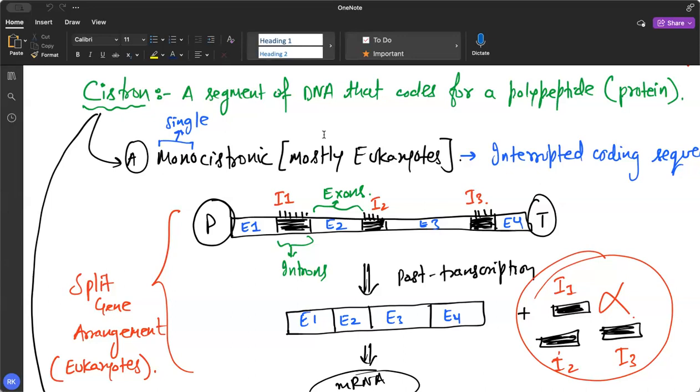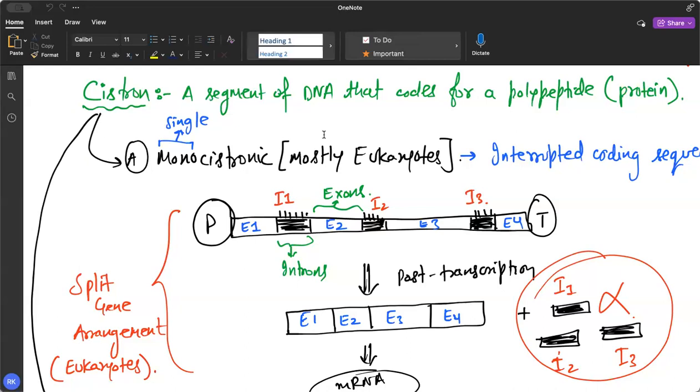So the field needed more clarity on this. So a new term was invented called cistron. Now, if you call a segment of DNA a cistron, then you can be sure that this segment of DNA will for sure give rise to protein.